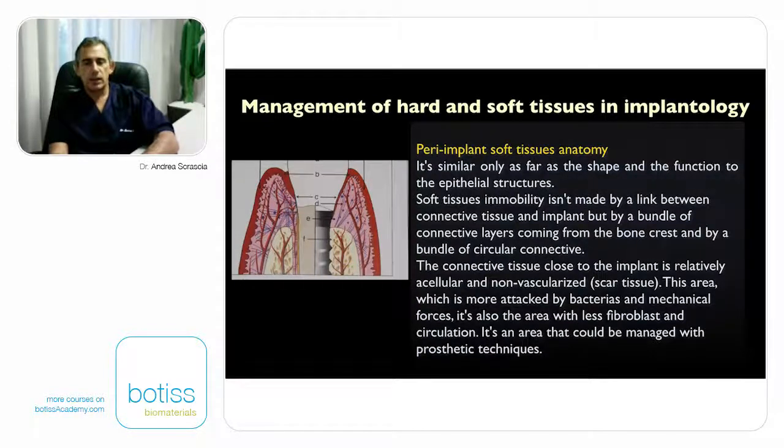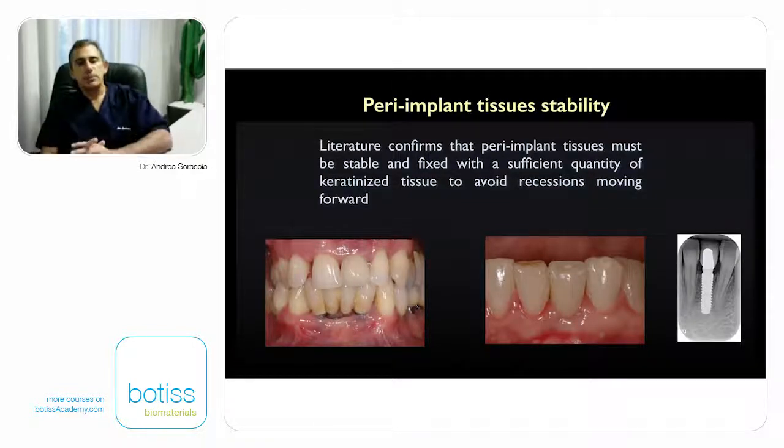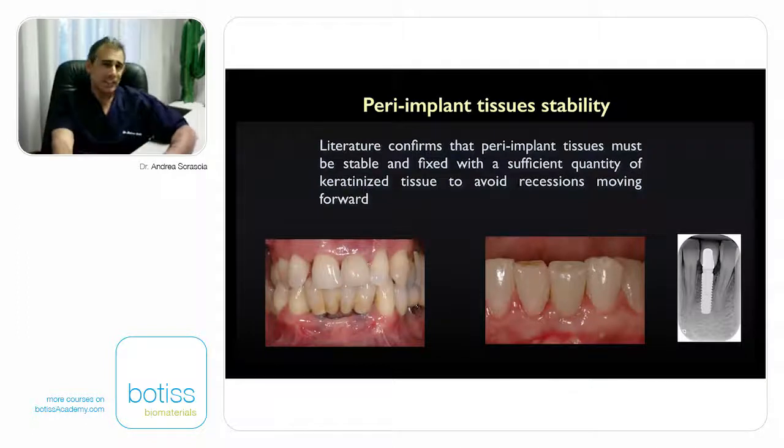This area, which is more attacked by bacteria and mechanical force, is also the area with fewer fibroblasts and less circulation. So the literature confirms that periimplant tissue must be stable and fixed, with a sufficient quantity of keratinized tissue to avoid recessions moving forward.